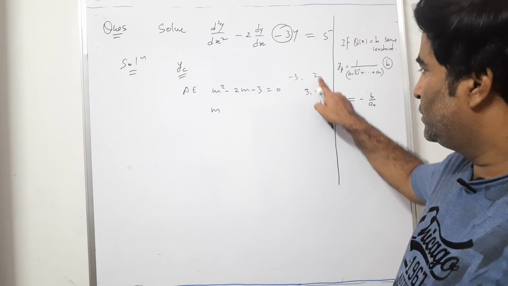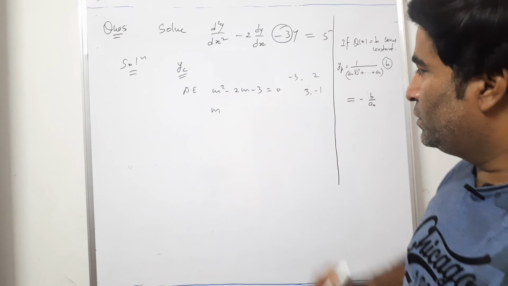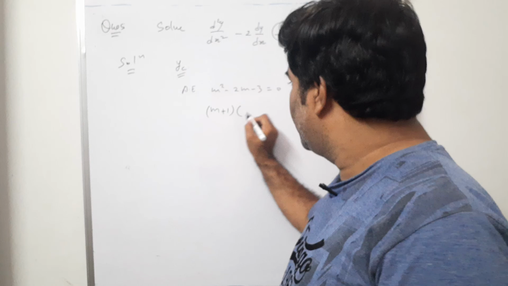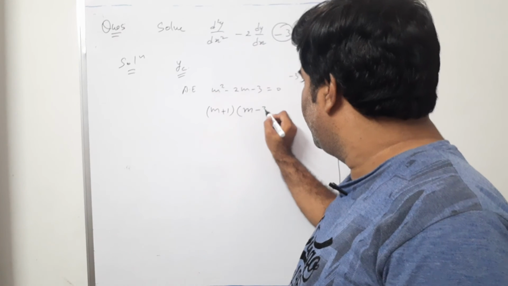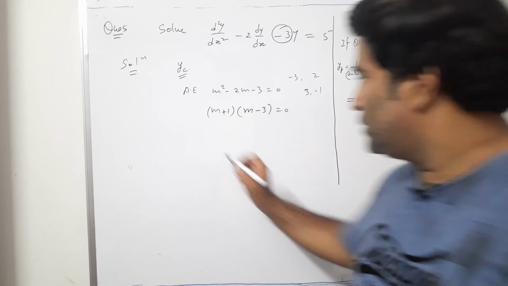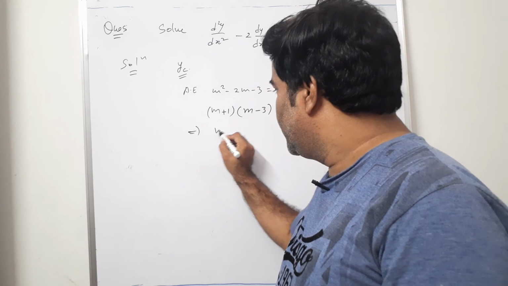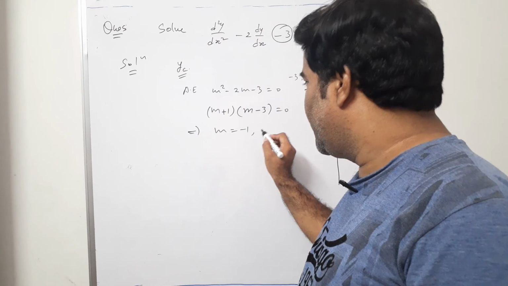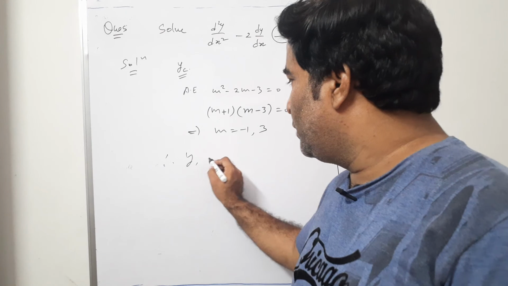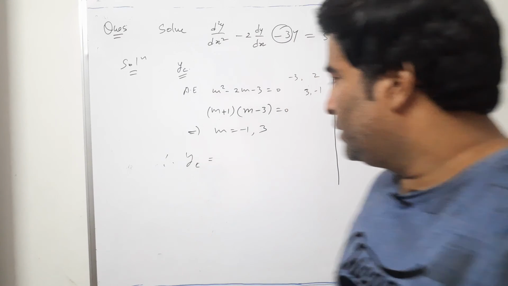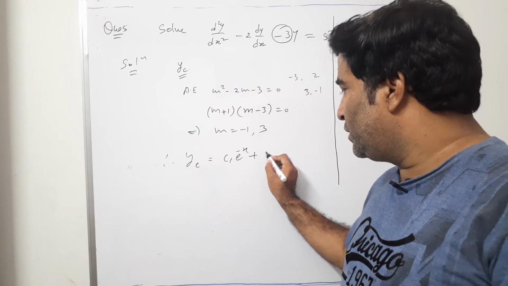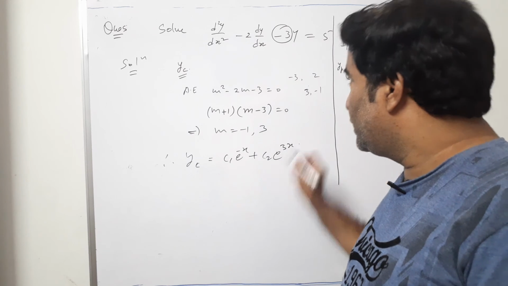So (m + 1)(m − 3) = 0. This is the factorization, so the roots of this equation are −1 and 3. Therefore the complementary function is c1 e^(−x) + c2 e^(3x).